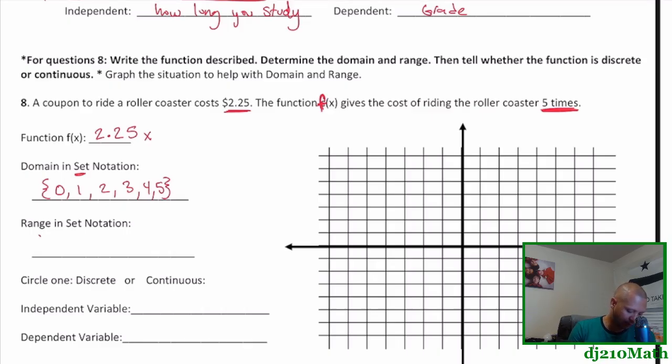So the range, these are my x's. The range is going to be the output for when I plug in the domain into x, into the function.